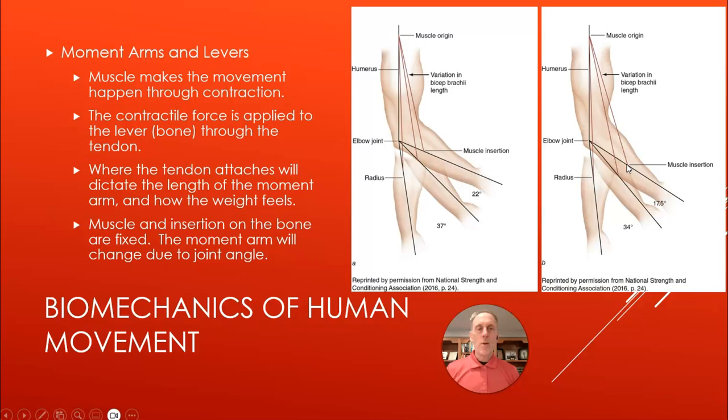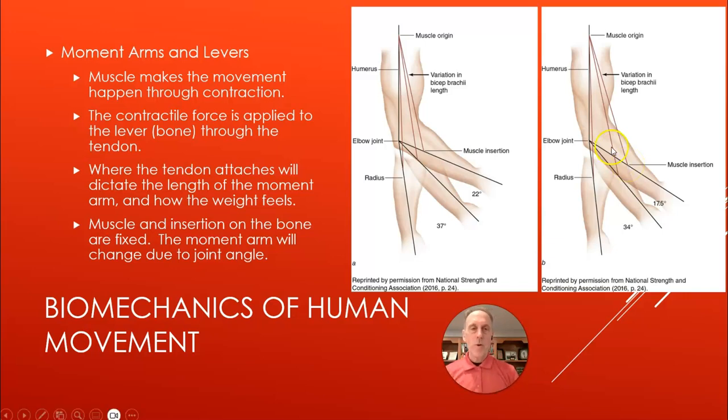So from a leverage standpoint, that's going to change how a 30-pound dumbbell will feel between person A and person B. And realize it's not as simplistic as that. There's a little more complexity to it because you might have different fiber types, etc. But just realize the insertion of the muscle on the moment arm, or the lever arm itself matters.